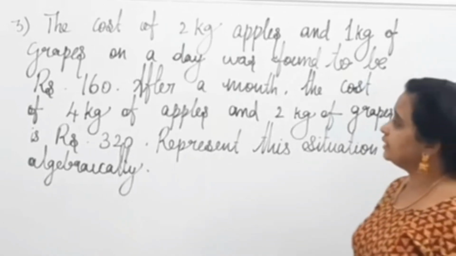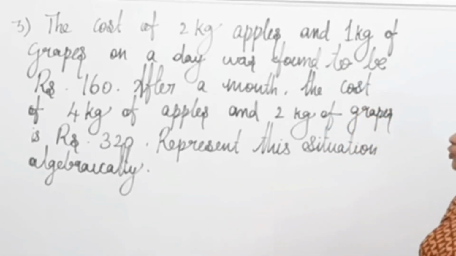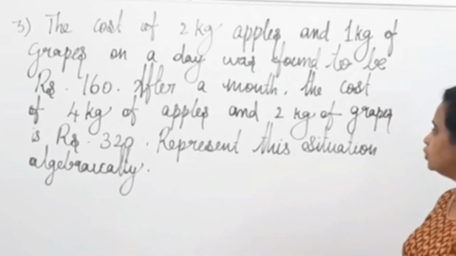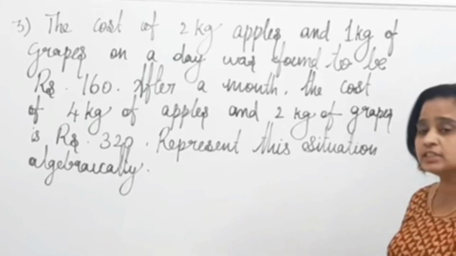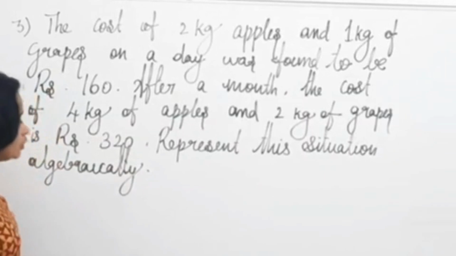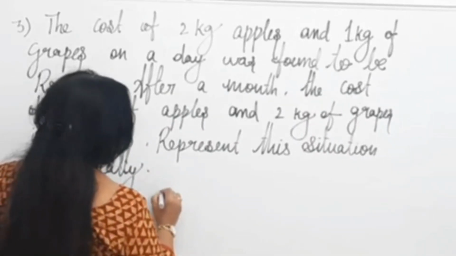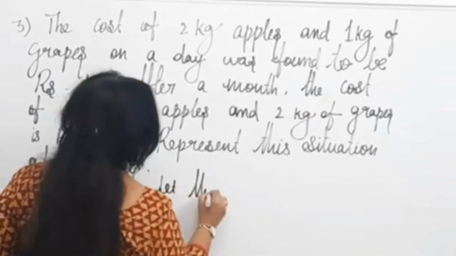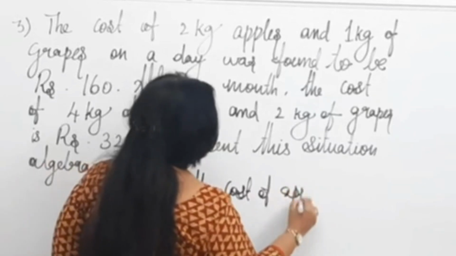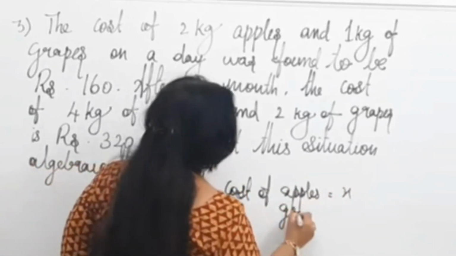Children, the third question says like this. The cost of 2 kg apples and 1 kg of grapes on a day was found to be rupees 160. After a month, the cost of 4 kg of apples and 2 kg of grapes is rupees 320. Represent this situation algebraically. Children, first we have to define x and y. Let the cost of apples be x and the cost of grapes be y.